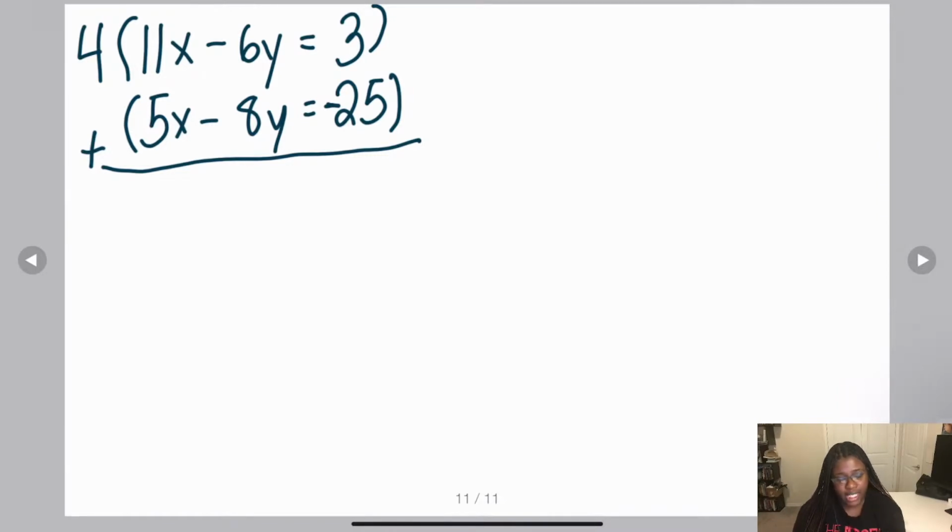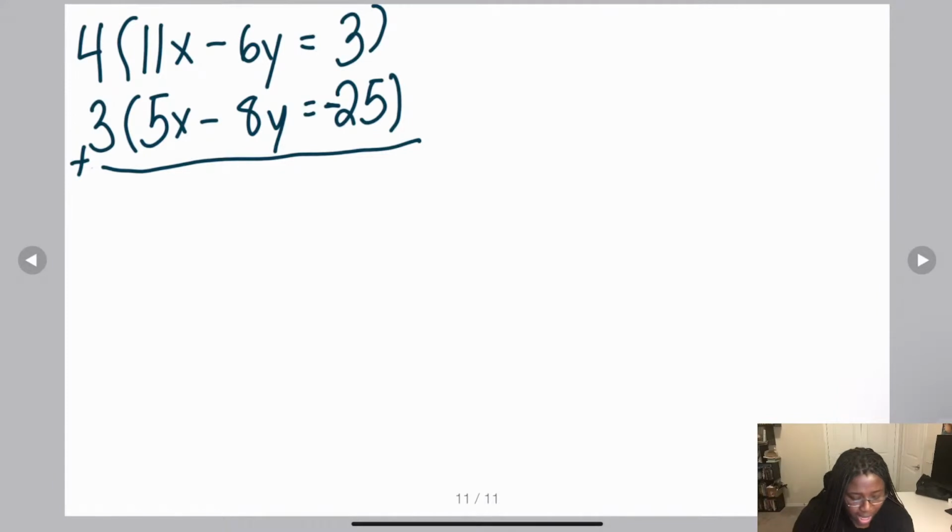So what number does 8 need to be multiplied by to equal 24? Yep, that's right, Erica. It'll be positive 3. So I'm going to give myself more room on the end here, and I'm going to multiply the bottom by positive 3.